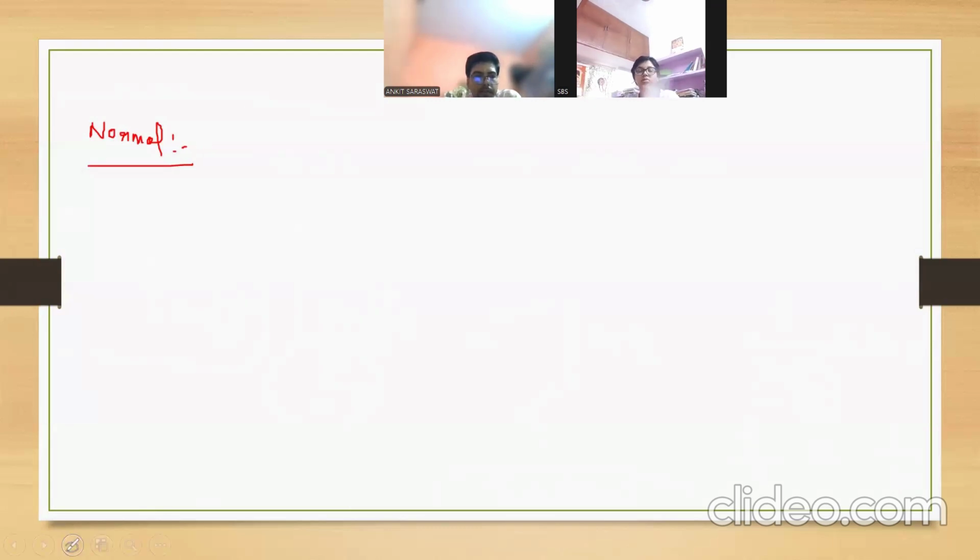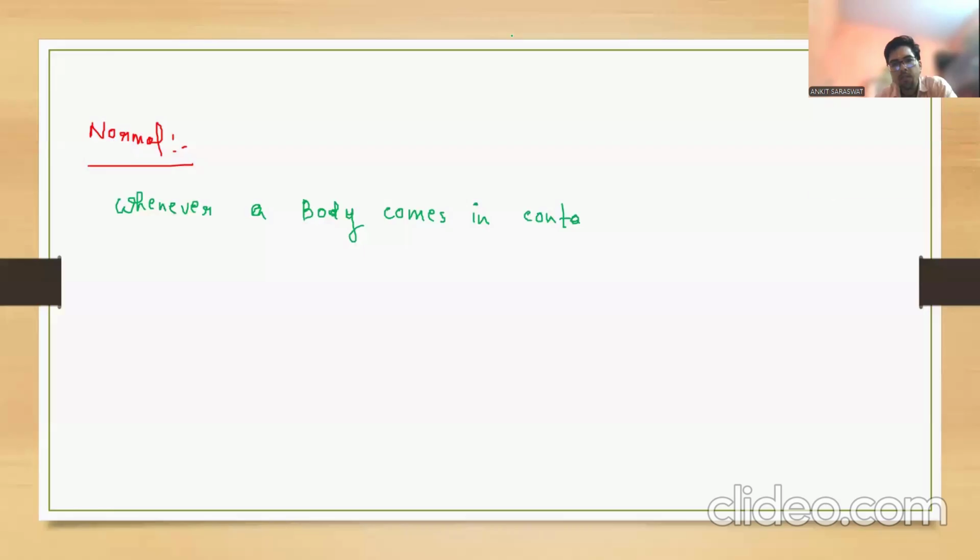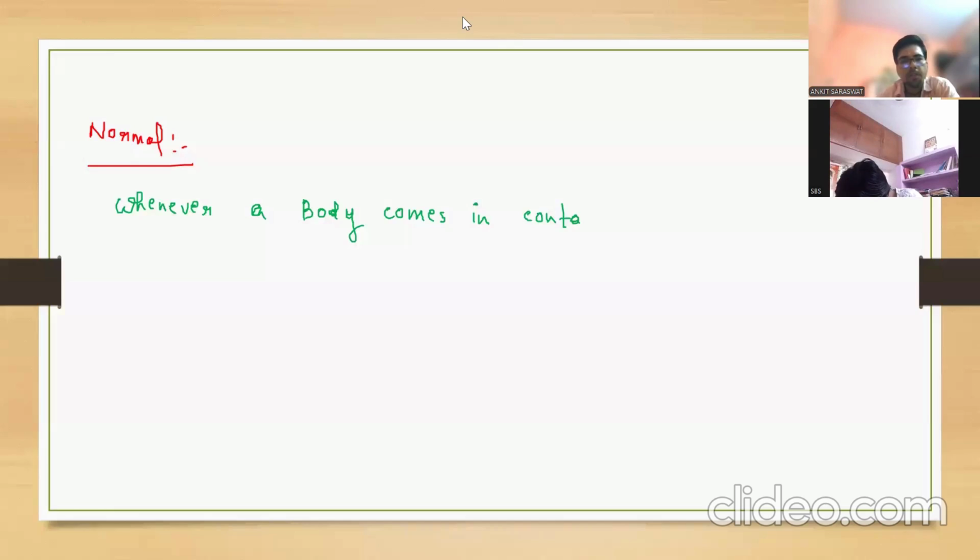Okay, now write down: whenever a body comes in contact with another body, a normal is produced.